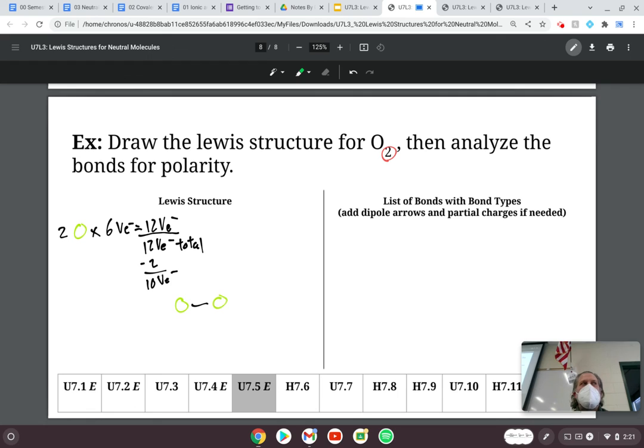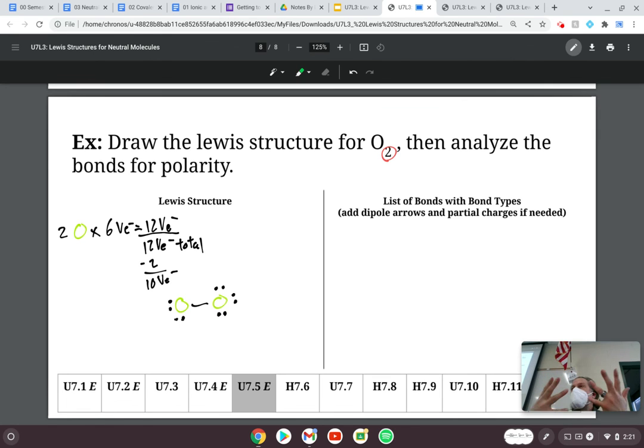And at this point, the only thing I can do is just start adding electrons until I've used them all in pairs. So it doesn't matter where you start, but 1, 2, 3, 4, 5, 6, 7, 8, 9, 10. Now, if I look at the oxygen on the right-hand side, that oxygen has 2 electrons in the form of a bond and 6 electrons in the form of dots, right?